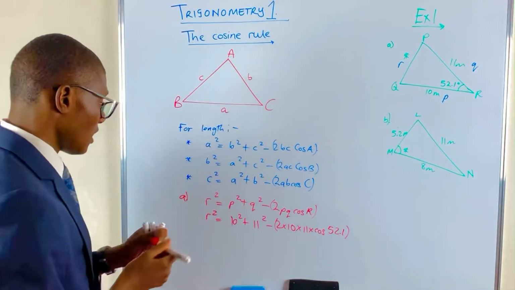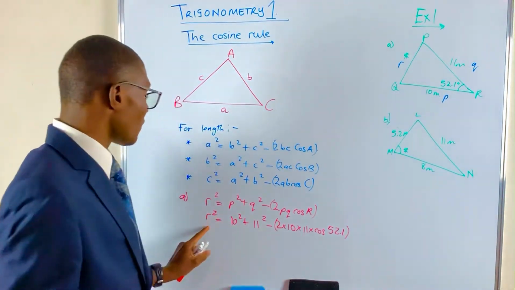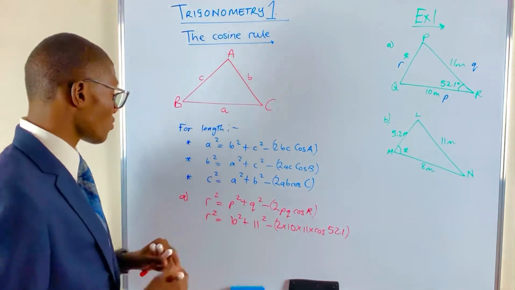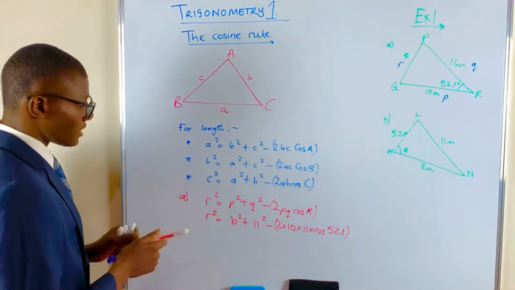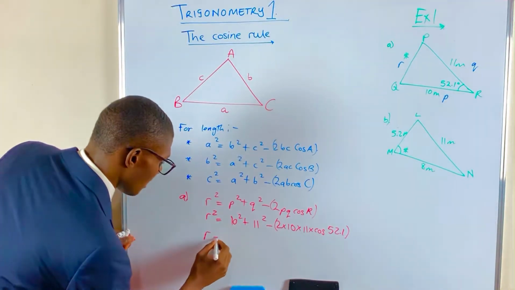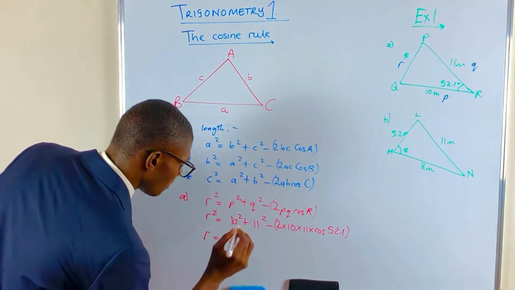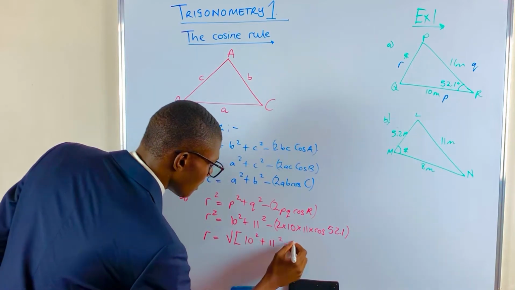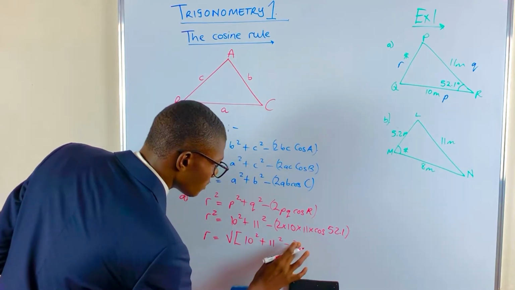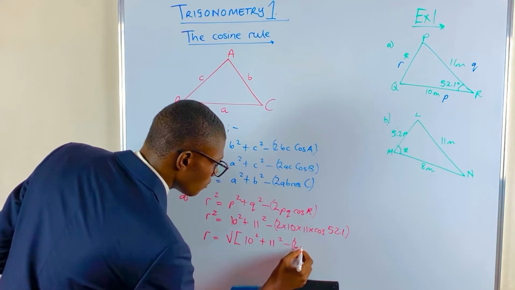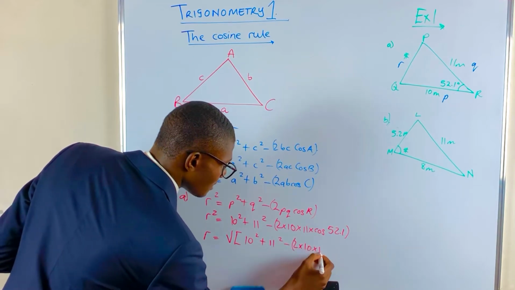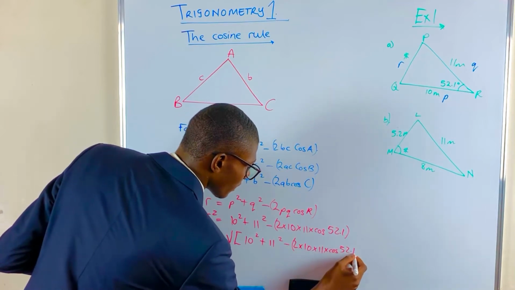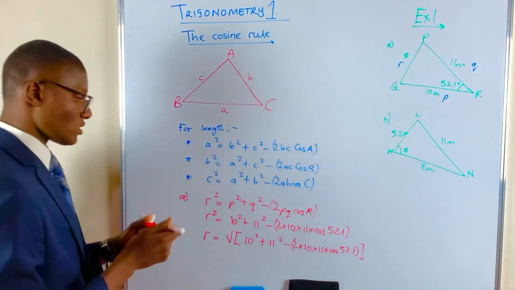But we want the side r, so we get rid of the square by square rooting both sides, such that r is the square root of square brackets 10 squared plus 11 squared minus 2 times 10 times 11 times cos of 52.1. Then we close the square bracket.